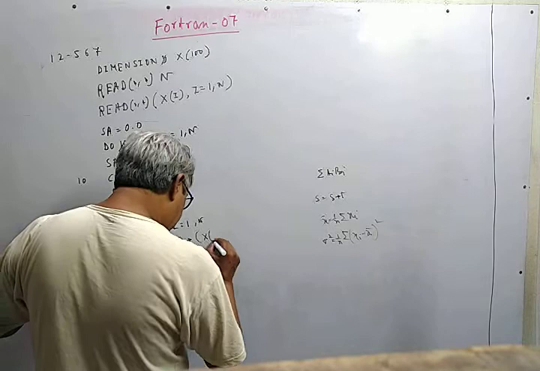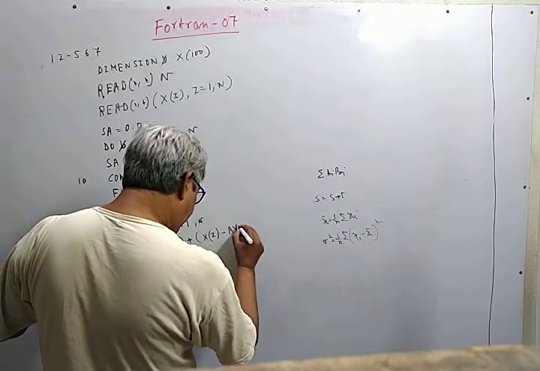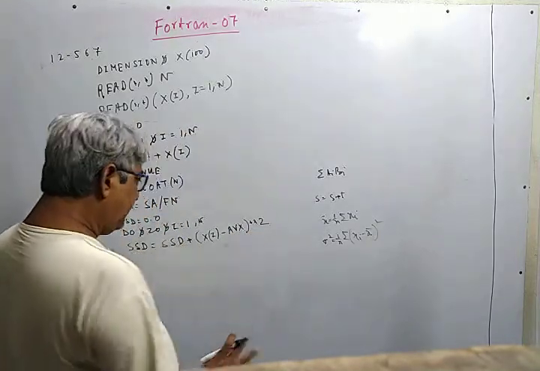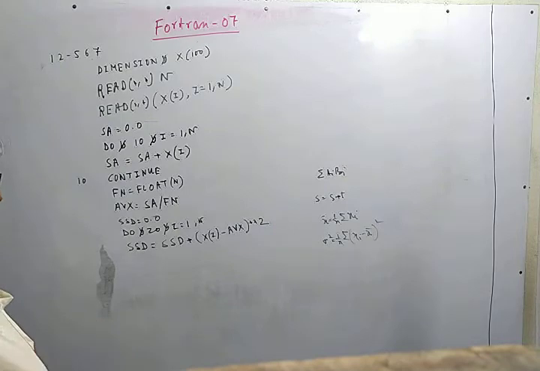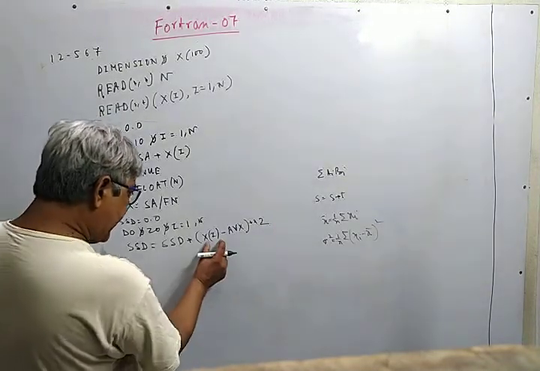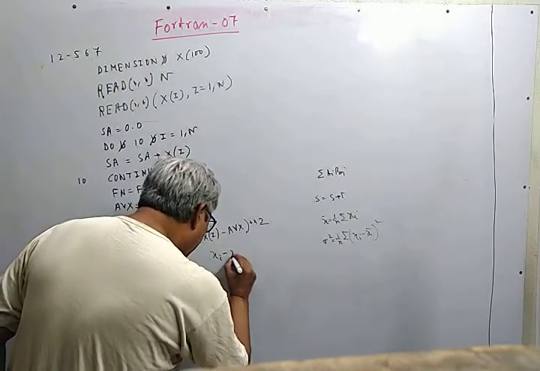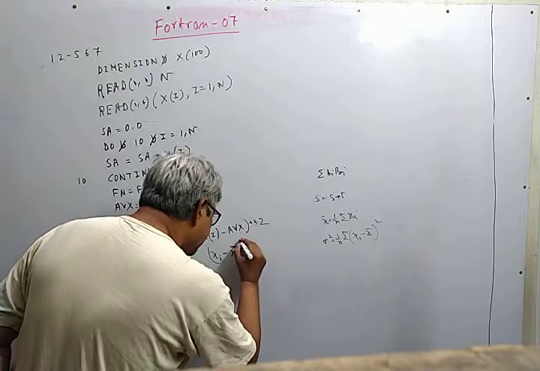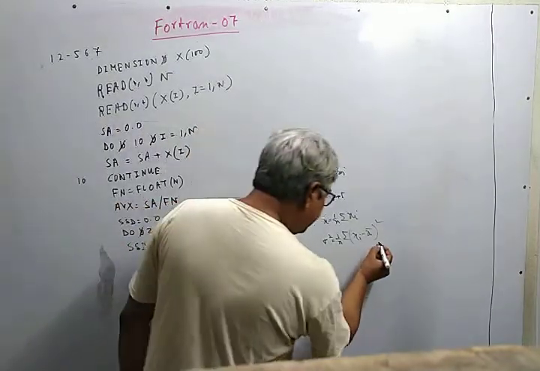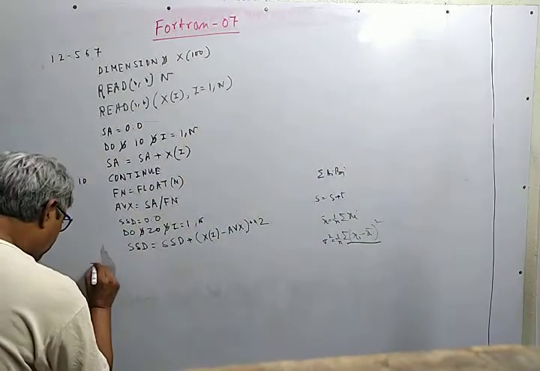So this is xi minus avx, then its square. In Fortran there is no second bracket, no third bracket, all the brackets are only first bracket. So this mathematical statement is xi minus x bar, and then this is square. So it performs actually this summation part. And then 20 continue.